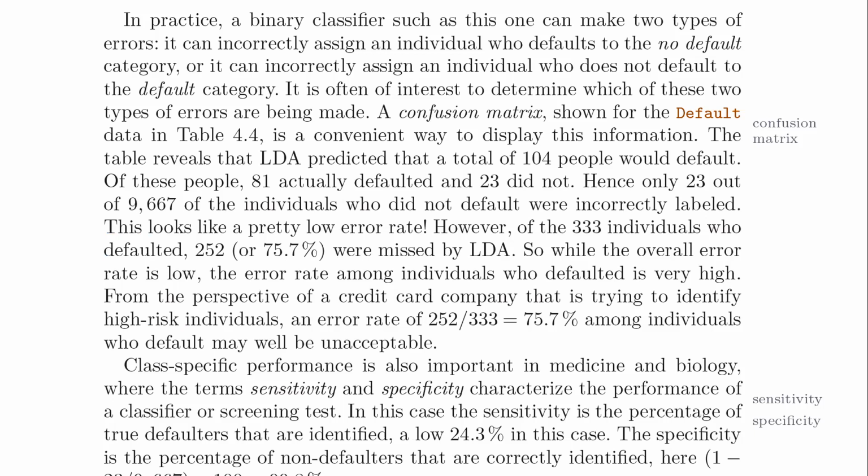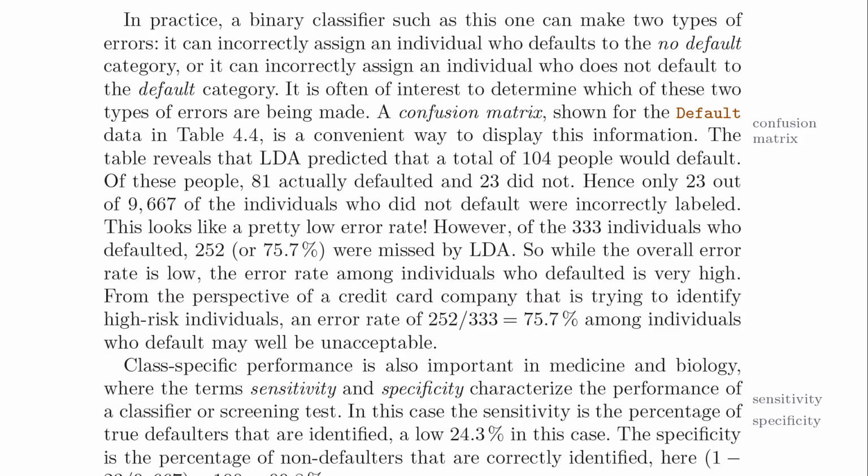The table reveals that the LDA predicted that a total of 104 people would default. Of these people, 81 actually defaulted and 23 did not. Hence, only 23 out of 9667 of the individuals who did not default were incorrectly labeled. This looks like a pretty low error rate. However, of the 333 individuals who defaulted, 252 were missed by the LDA.